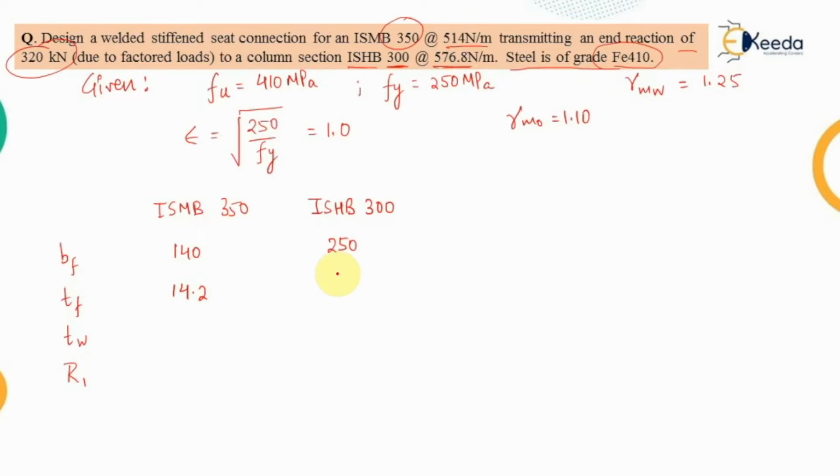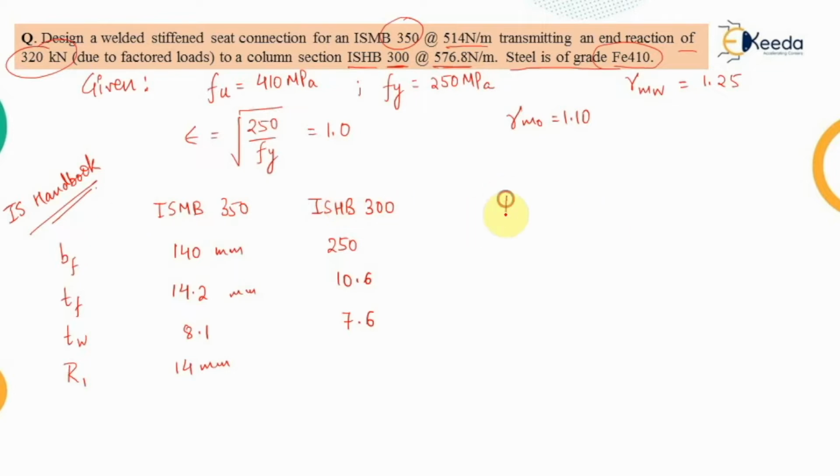The flange thicknesses are 14.2 and 10.6, while the next values are 8.1 and 7.6 millimeters, and the root radius is 14 millimeter. These section properties are taken directly from IS Handbook number 1, so we will directly choose them from there.